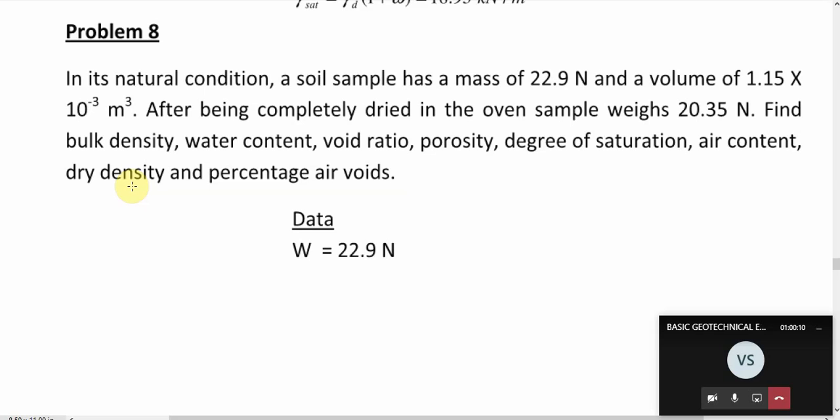In this oven dry weight the water has evaporated, so it is the weight of solids. So you have weight of soil, volume of soil, and weight of solids, Ws. If you have any doubt, please ask. It is a very simple question.